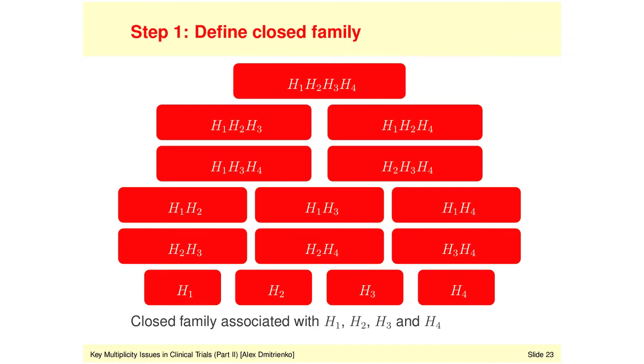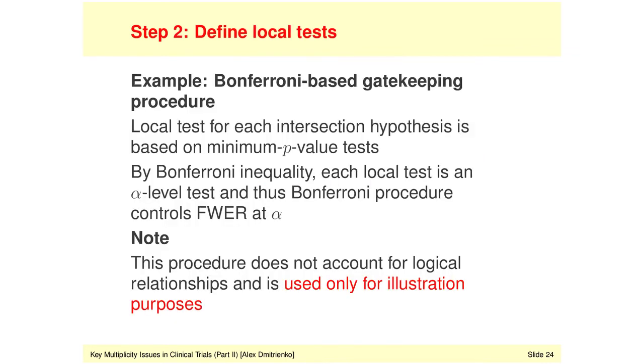This ANOVA model would also include two-way interactions, and they roughly correspond to those two-way intersections. Three-way interactions would correspond to the three-way intersections, and the box at the very top of this diagram would be an example of a four-way interaction or a four-way intersection.